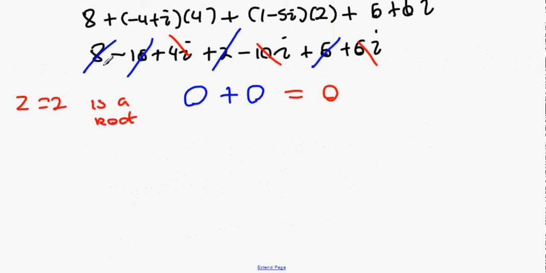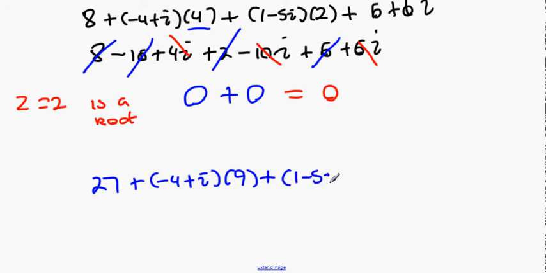So for 3 it's going to be 3 cubed, which is 27, plus 3 squared, which is 9. Just replacing 4 with 9 and 8 with 27. And then it's going to be multiplied by 3, because we're replacing all z's with 3, and then 6 plus 6i.